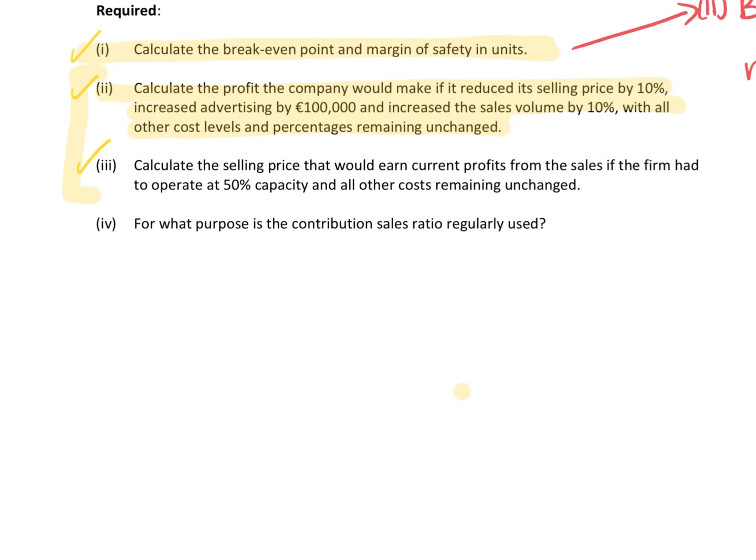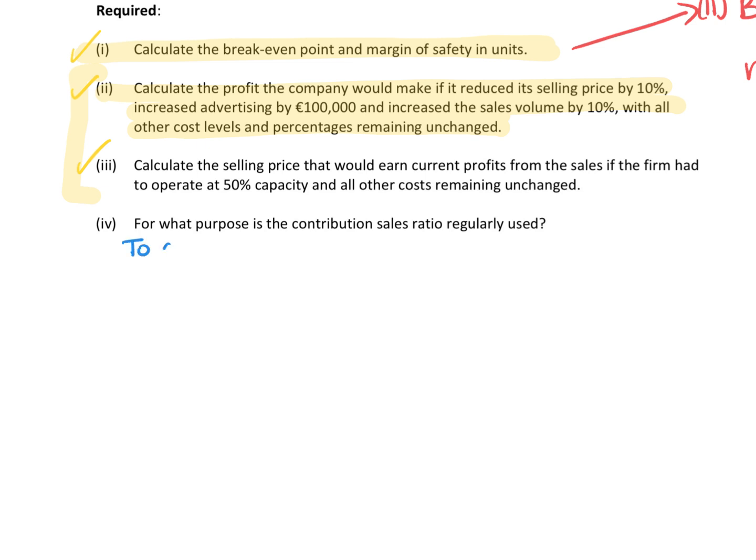Now, the theory part of this is for what purpose is the contribution sales ratio regularly used? Okay, so the contribution sales ratio is just another formula, okay, to calculate the break even, and it's when some figures aren't available to us, right?